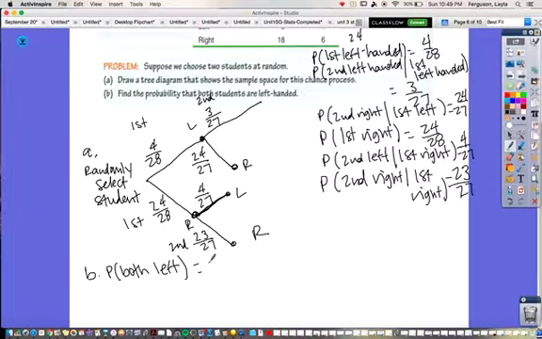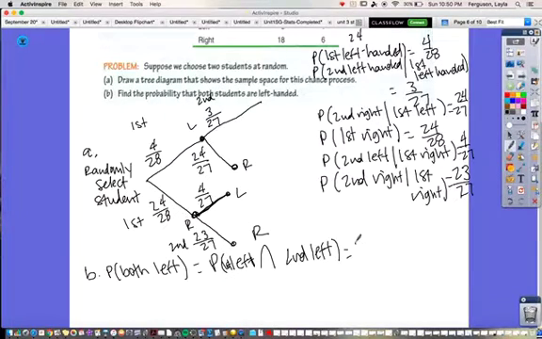All right, so what this means is that we are going to find the probability that the first is left, and the second is also left.